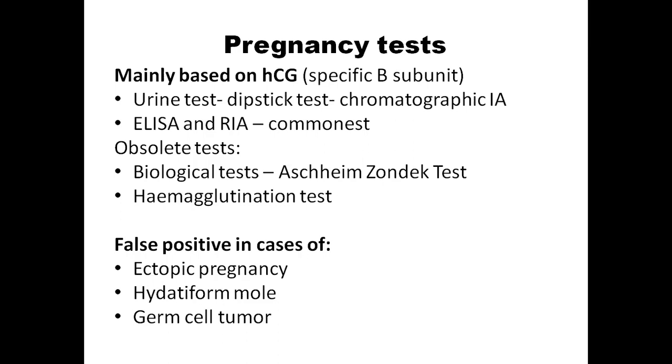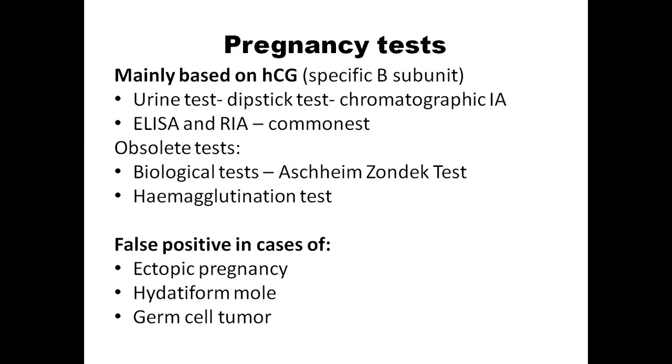Now, after injecting, if the maternal urine contains HCG, then we find that subsequently, if we sacrifice the animal and see the ovary, the ovaries are enlarged, and there are some bleeding points, that is the ovulation in the ovary, and signs of follicular maturation.